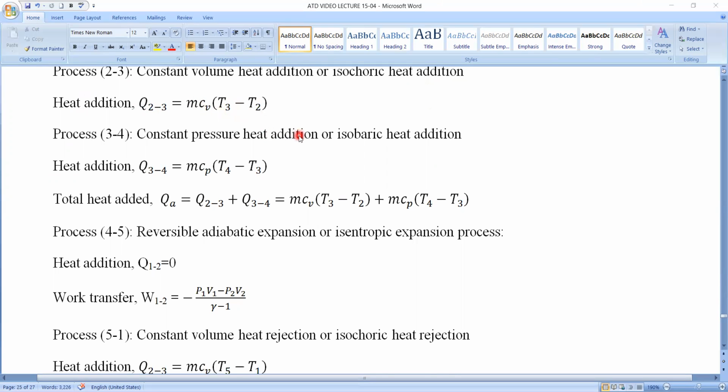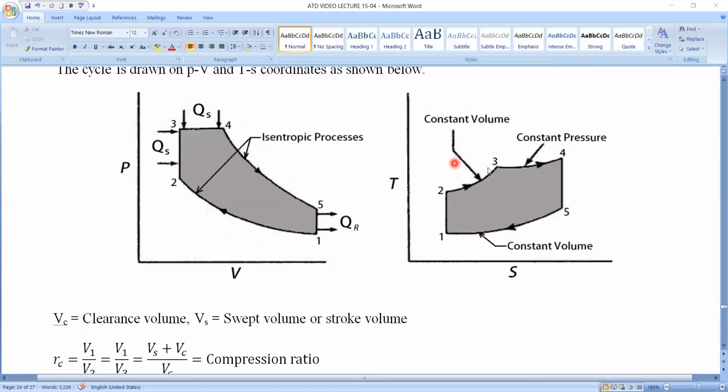The simple way to remember this temperature difference is to observe the TS diagram and take the maximum temperature first, and then the minimum temperature. So if you are writing the heat transfer equation for process 2 to 3, then the maximum temperature is T3 and the minimum temperature is T2. As we are dealing with the constant volume process, you are supposed to take the specific heat at constant volume, that is small cv.